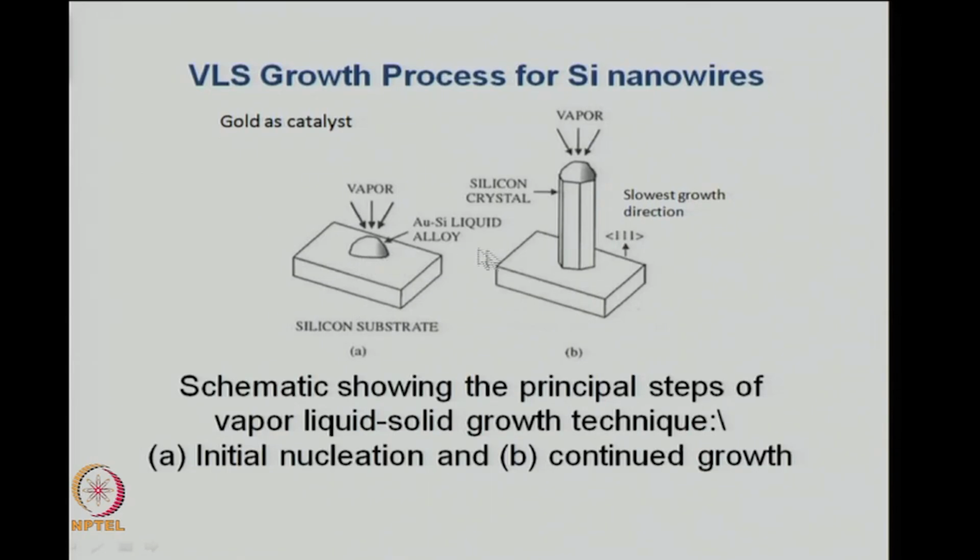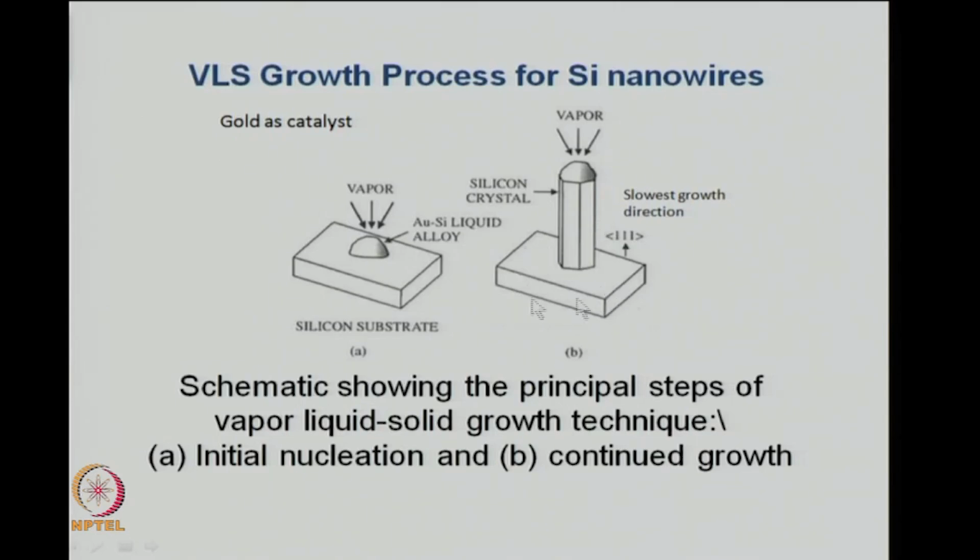When it precipitates, if this silicon is single crystalline, then it also grows like a single crystalline rod. And here what we have shown is that it is growing in the 111 direction.